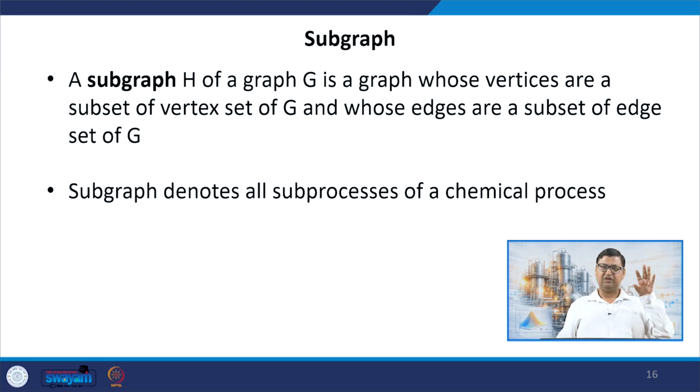So from the vertex set, I take some vertices, from the edge set, I take some edges, and whatever graph we get as a result becomes the subgraph, a subset of the original graph. If you think about a chemical process, it represents part of a flow sheet, because the flow sheet is represented by a graph, and I am taking only some vertices and edges from there. So any subsystem, any sub process becomes a subgraph of the original graph.